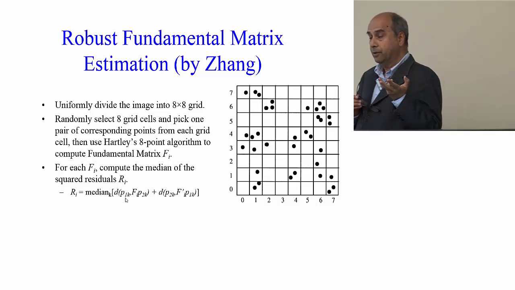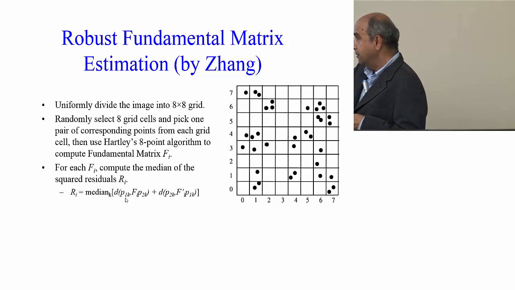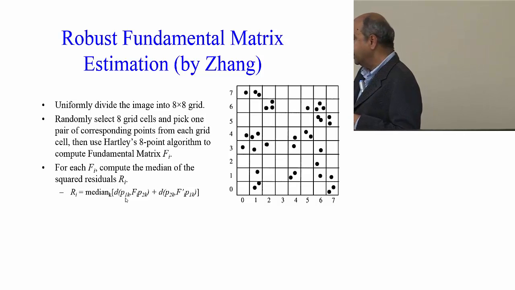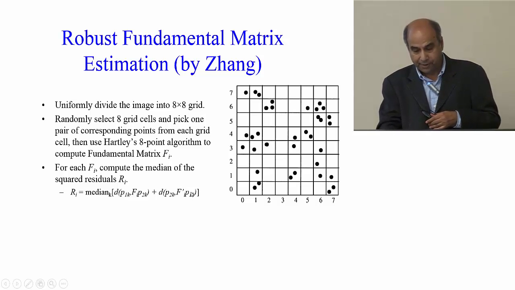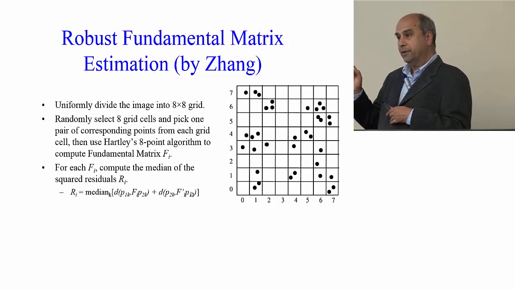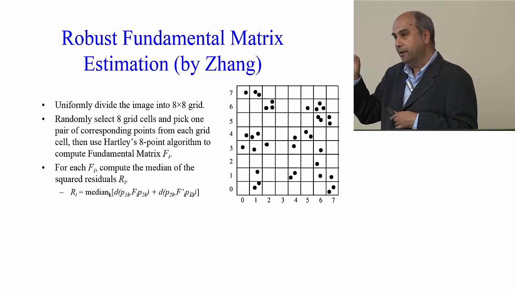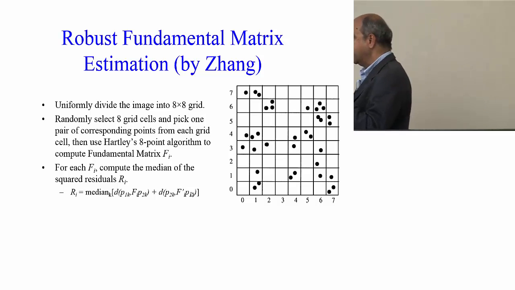Ideally, practically it won't, so there will be some distance, d(p1k, F p2k). That's the error. And you want to do the same thing: take the point in the first image, apply the fundamental matrix, go to the second image, and see how far it is from the line, and take that error. You add up that error, and that is the residual error.